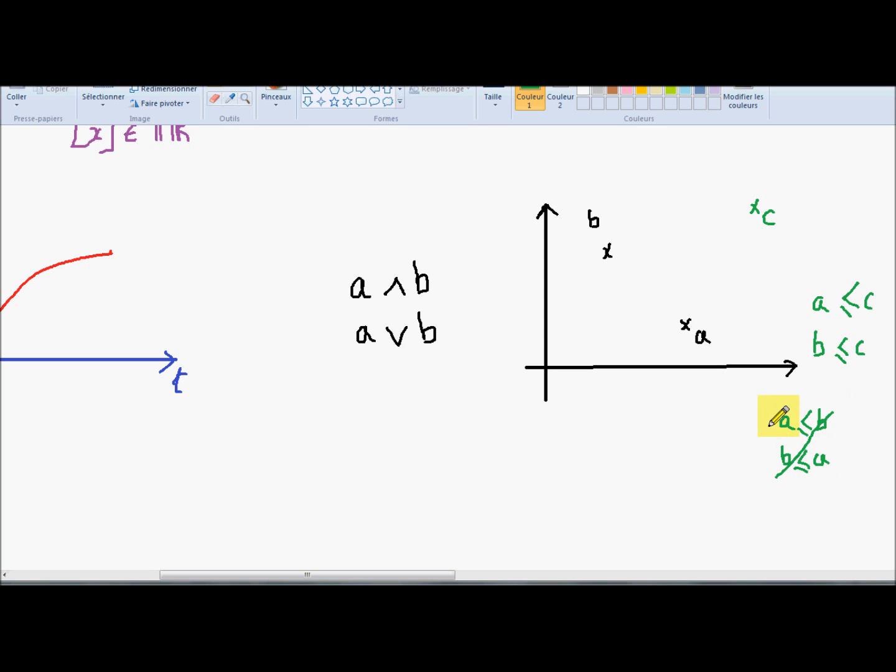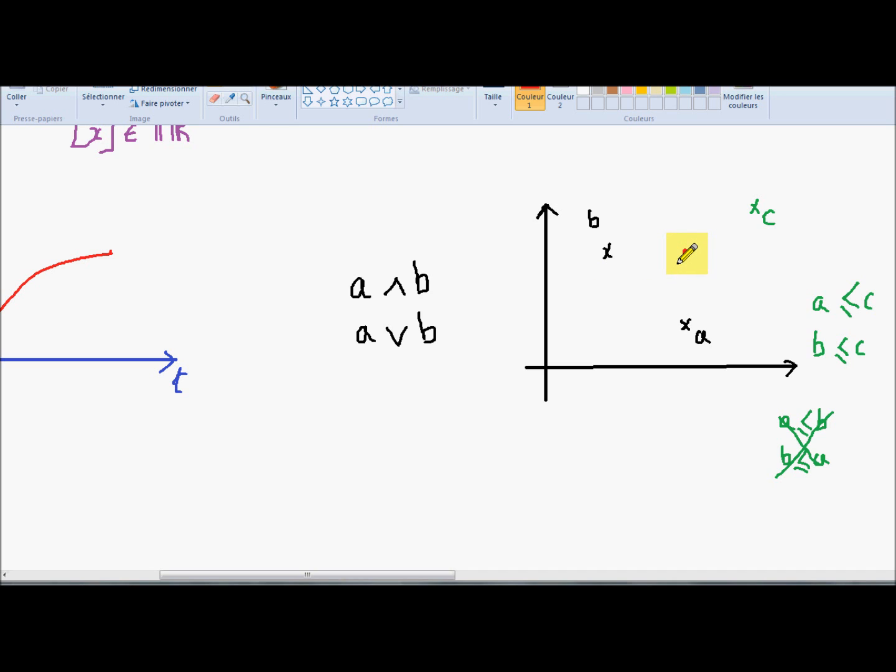So I have a partial order. I have a lot of points such as C that are larger than B and larger than A. But among all elements that are larger than B and A, there is a smallest element, and it will be here. This point is larger than A and B, but it is the smallest one.